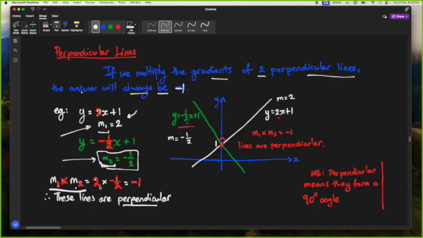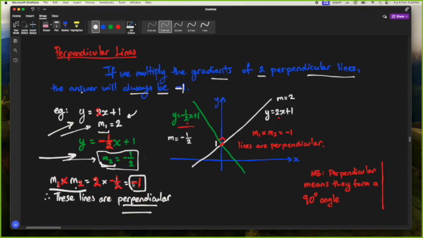That will be 2 multiplied by negative a half, and if you get the answer -1, then the lines are perpendicular. So for lines that are 90 degrees to each other, all you have to do is take the gradient of one line and multiply it by the gradient of the other line.